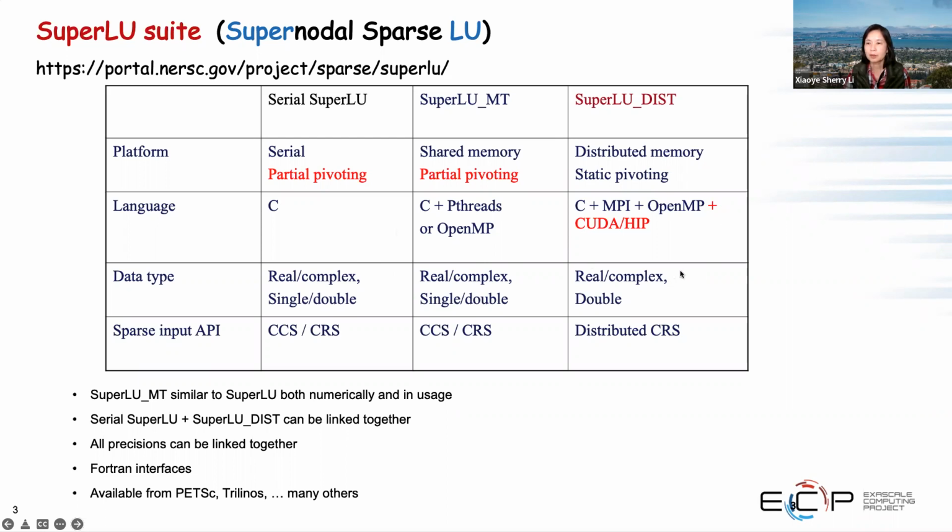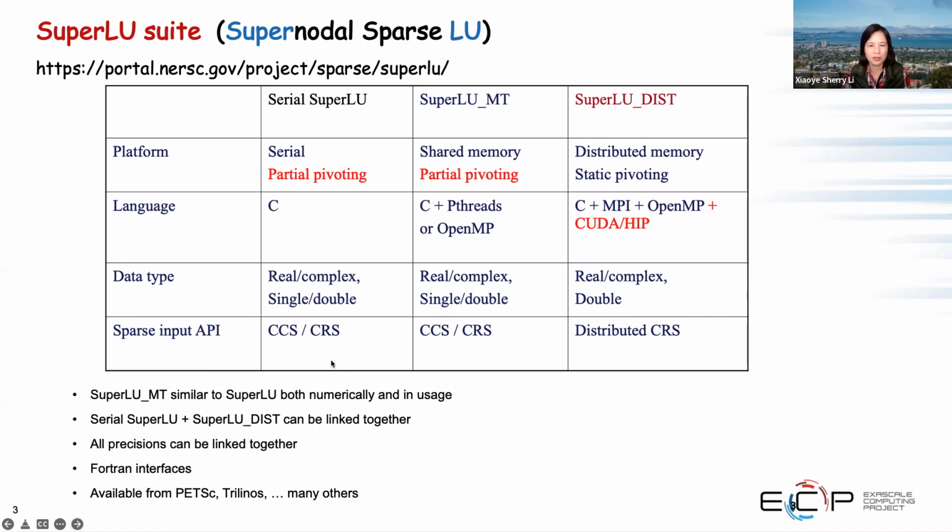Then for distributed, we added MPI, of course, and in recent years started adding CUDA and HIP. The Intel one is still in progress. It's not ready for people to use. And for the data types, there are all different data types, so you can mix actually. The input format from the user's point of view is very simple, but internally it's a lot more complex in order to get the performance.